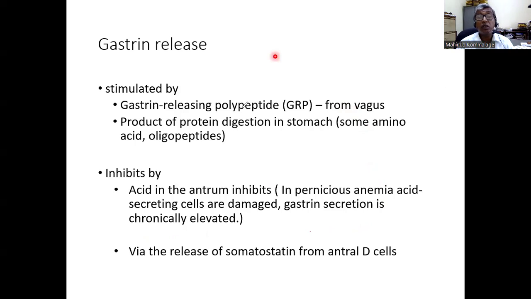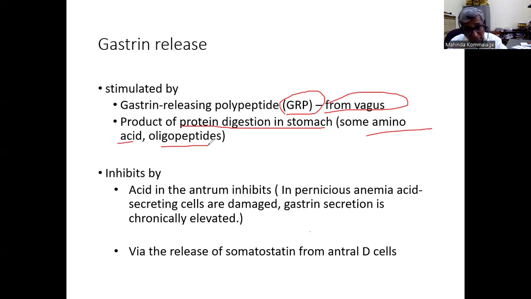The vagus nerve will stimulate by secreting GRP, and gastrin secretion is also stimulated when we have protein content in the food, or products of protein digestion. Amino acids and oligopeptides, like protein products, will stimulate gastrin secretion.